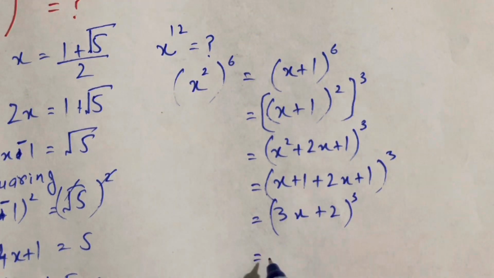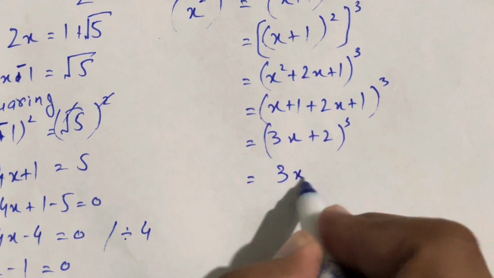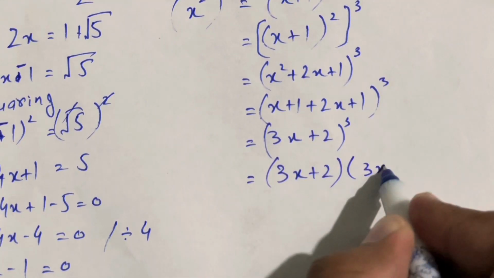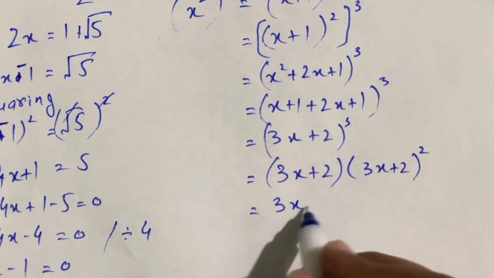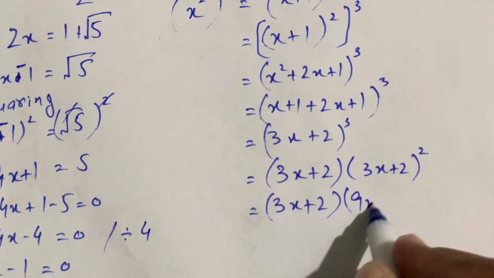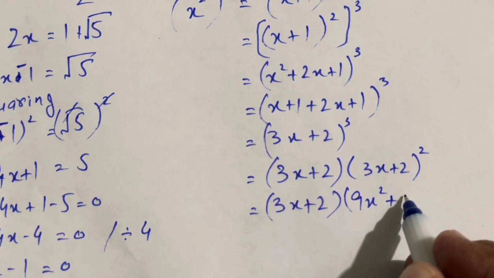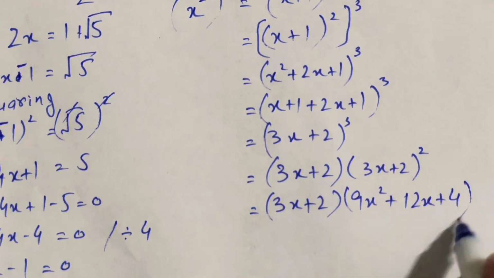I can further write 3x plus 2 and 3x plus 2 square, and it becomes 3x plus 2 times 9x square plus 12x plus 4.